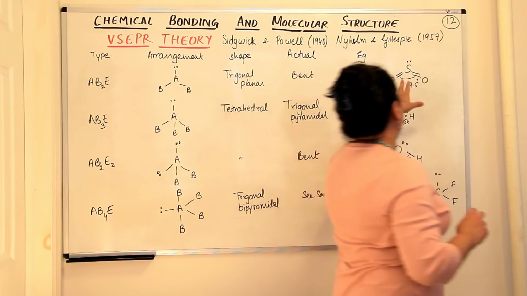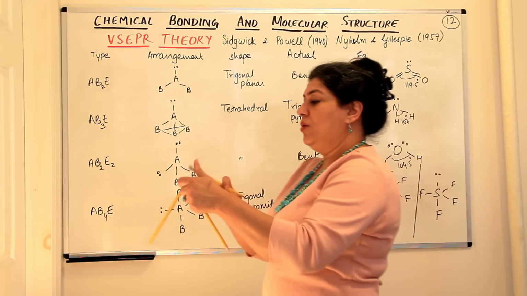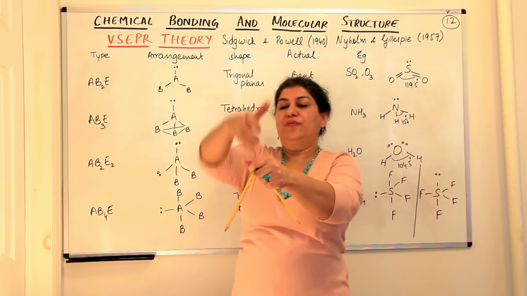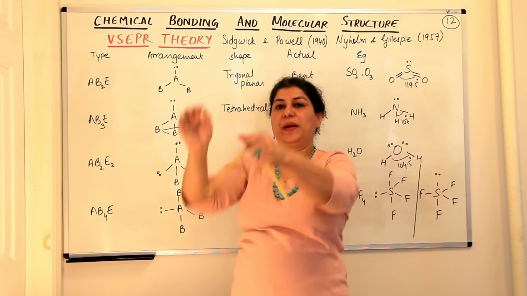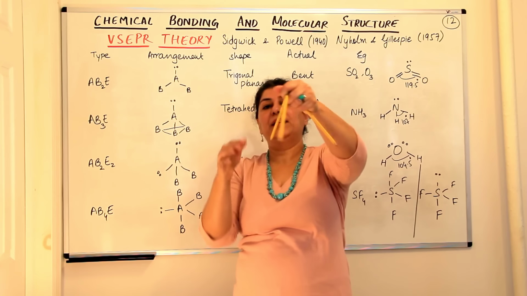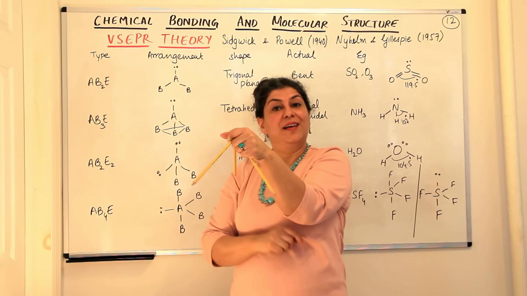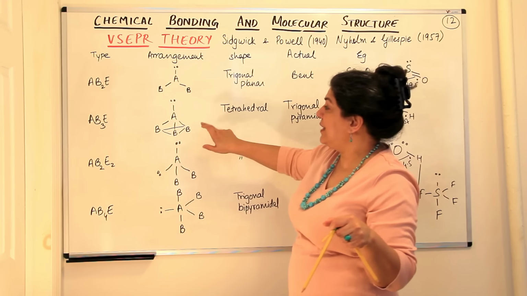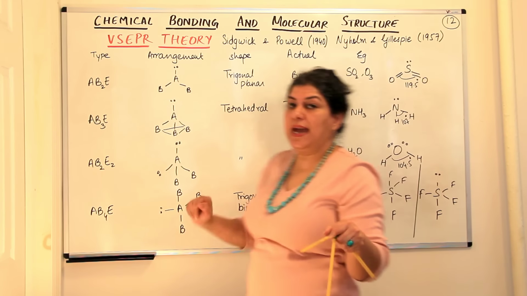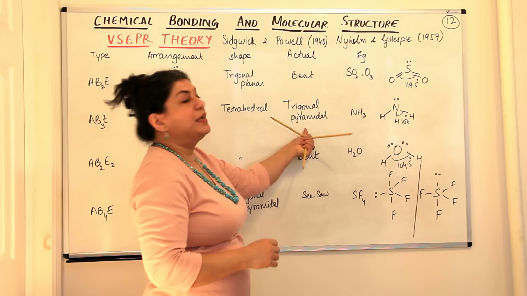Let me show it to you with the help of these pencils. In a tetrahedron, the fourth bond would have been here, but this is a lone pair. So now this appears to be a triangle, and if you make faces, this is just a trigonal pyramid. So instead of forming a tetrahedral shape, what we get is a trigonal pyramidal shape.